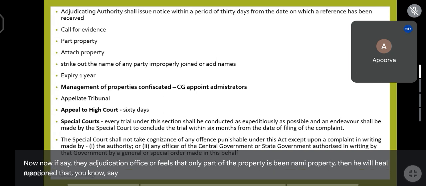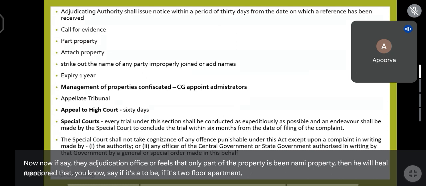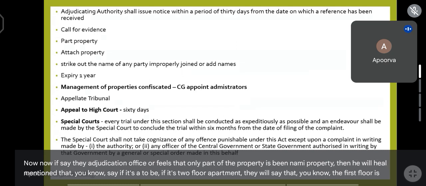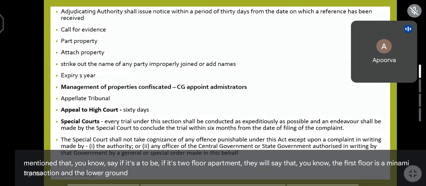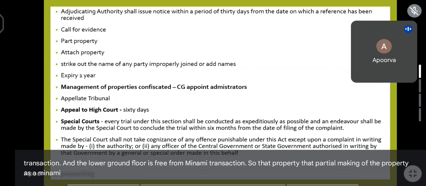Say it's a 2-floor apartment: they will say the first floor is a benami transaction and the lower ground floor is free from it. So partial treatment of a property as benami is also possible. And whenever they feel it's a benami transaction, they will attach the property.